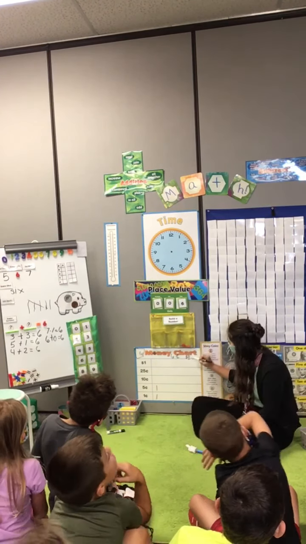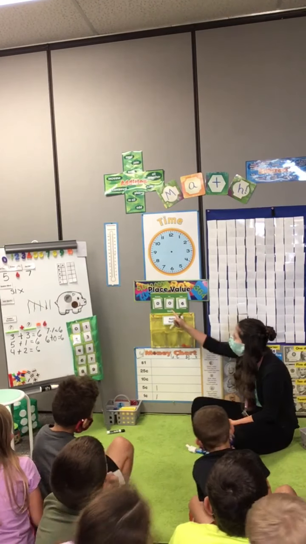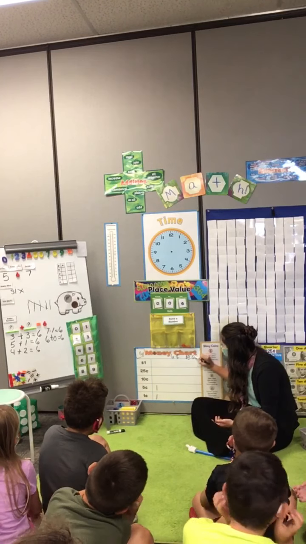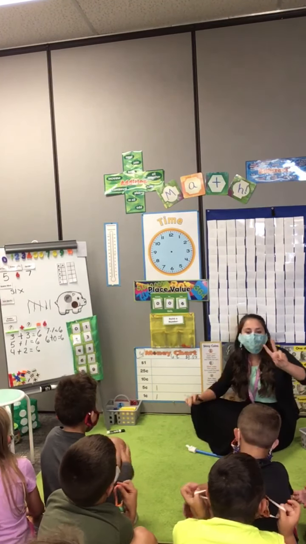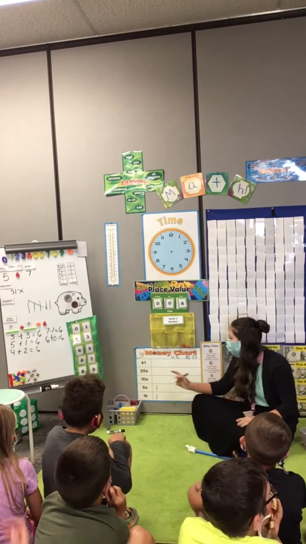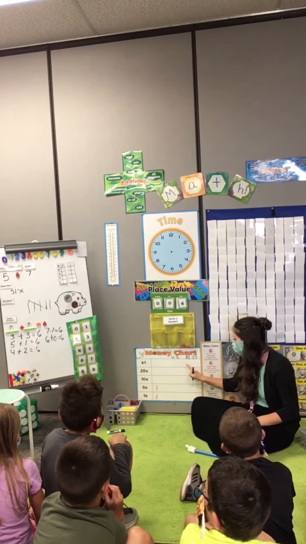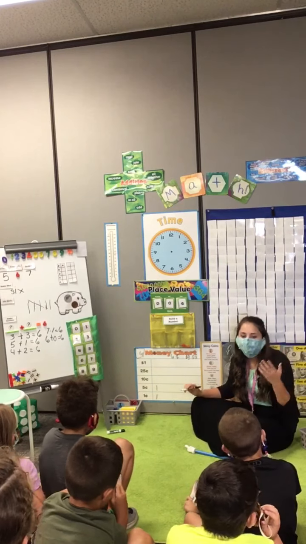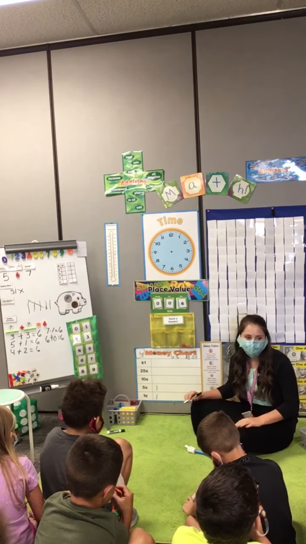Everybody. 6. What goes in our tens place? Nevaeh? 0. So this is the other way to write it. We have 2 ways that we can write 6 cents. We can write 6 cents, or we can write 6 cents. Okay? And as we learn money, we're going to learn those facts. Right?